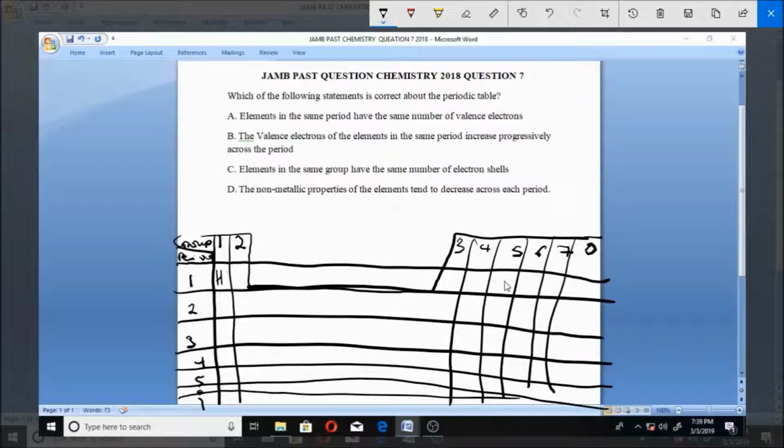So you have hydrogen there, then in period 2 you have lithium and beryllium, whereas on this other side you have boron, carbon, nitrogen, oxygen, fluorine, and neon.